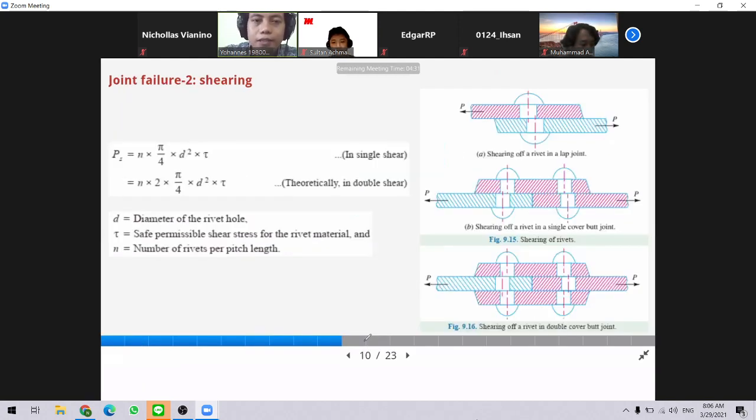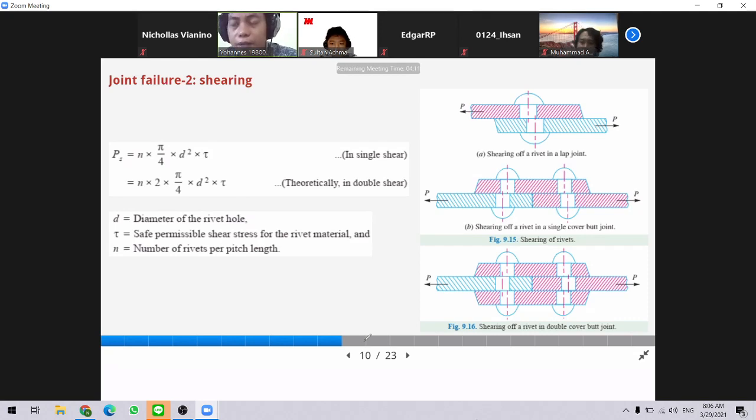Okay, so next, joint failure number 2 is due to shearing. Usually rivet is made from steel, aluminum, or copper, which is ductile.